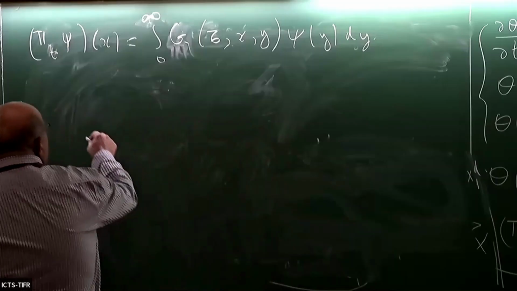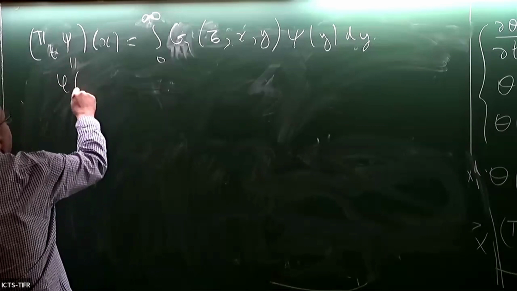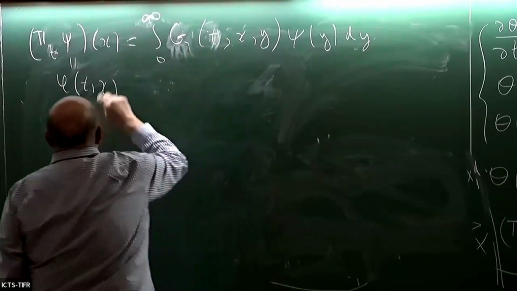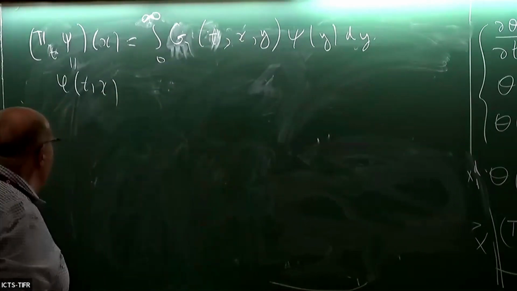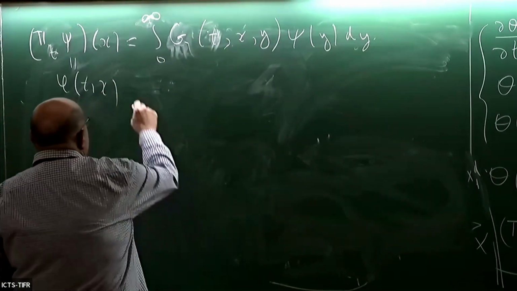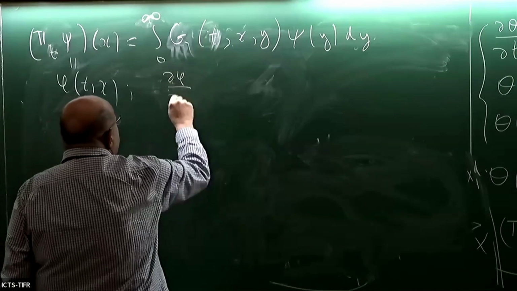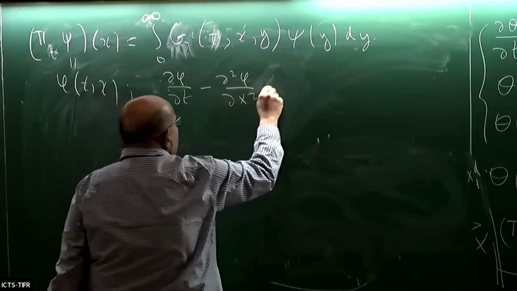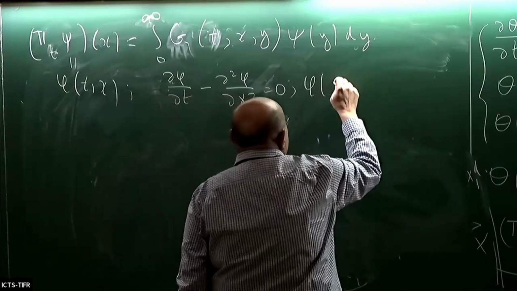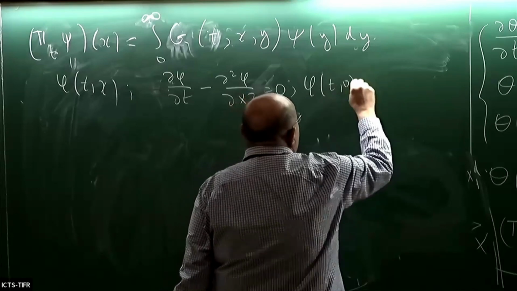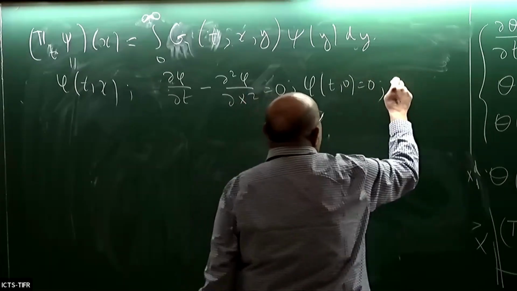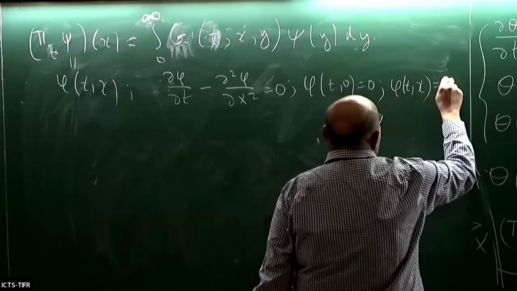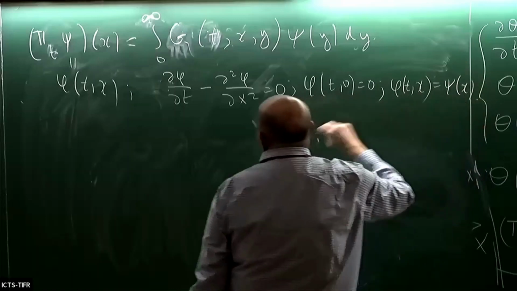This is the formula for phi of t and x, the solution of this problem, with phi satisfying d phi over dt minus d2 phi over dx2 is equal to 0, phi of t, 0 is equal to 0, phi of 0, x is equal to psi of x. So that's phi.